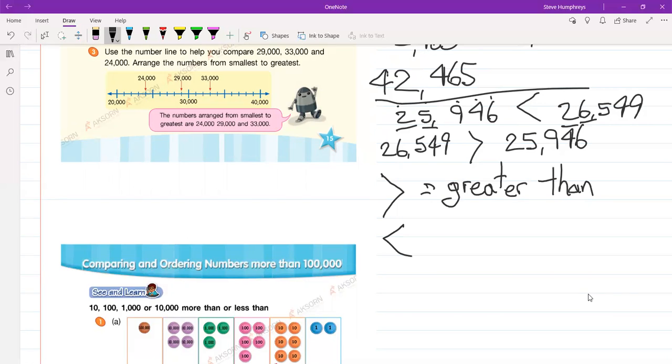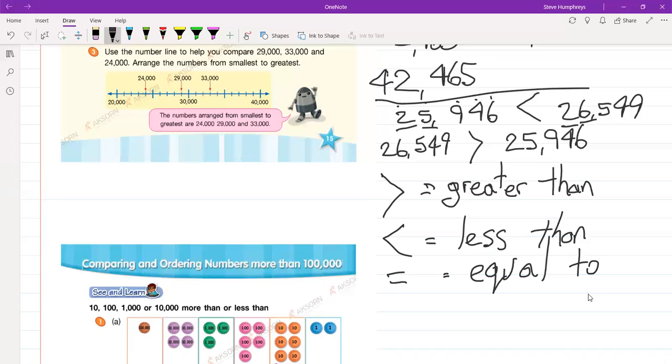And that symbol means less than. And this symbol means equal to. Use that if the numbers are the same. Okay, let's move on.